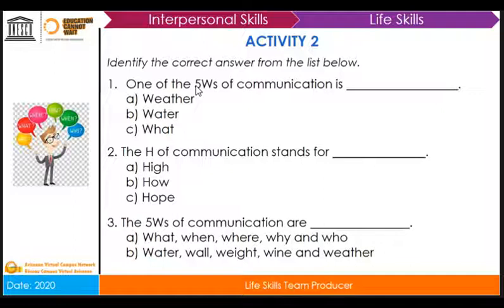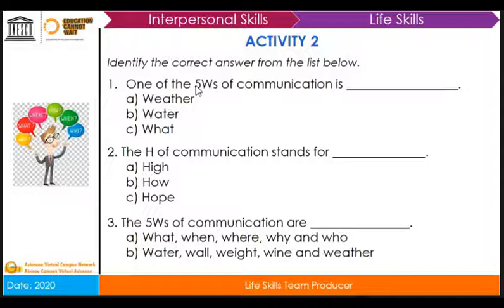At this point, after understanding the 5 W's and H of communication, I now want you to engage in activity 2. And the instruction is: identify the correct answer from the list below.